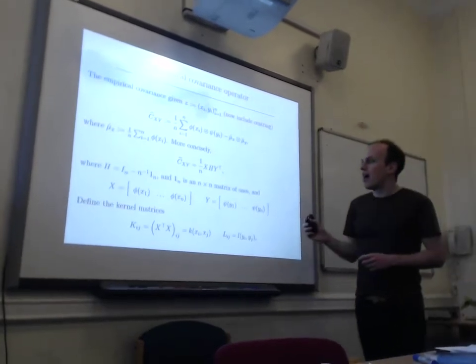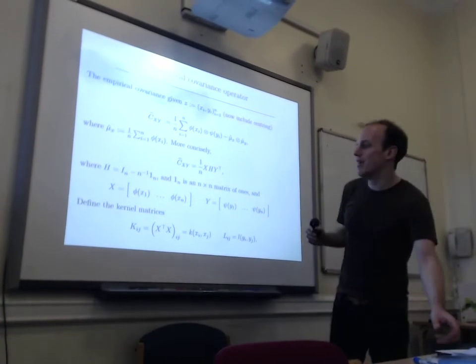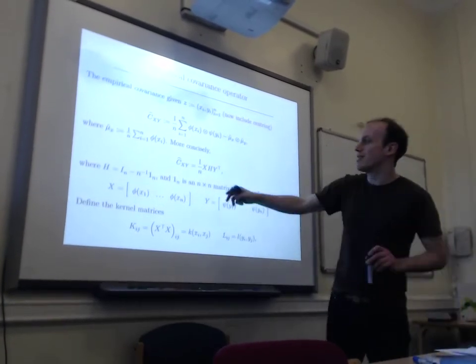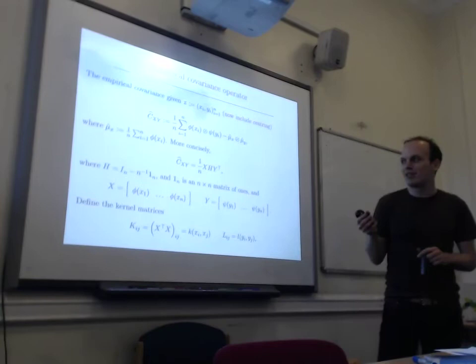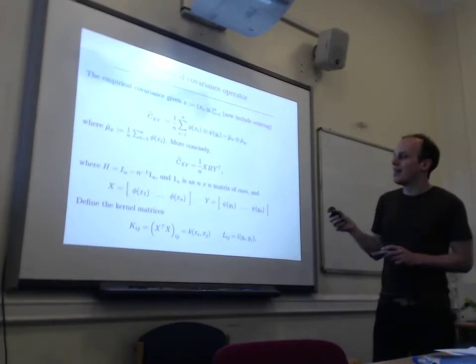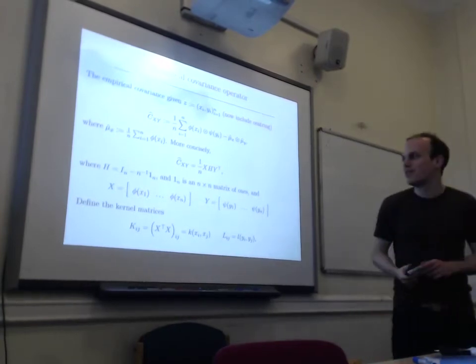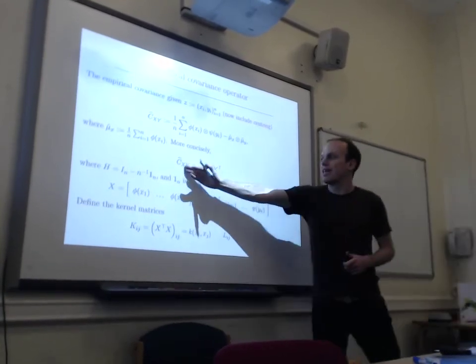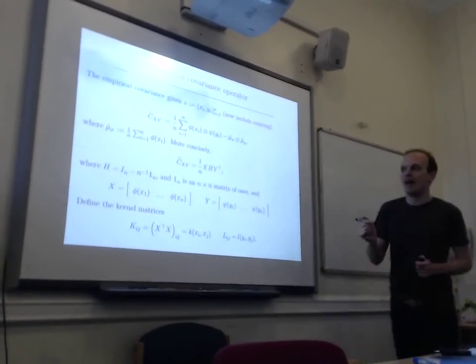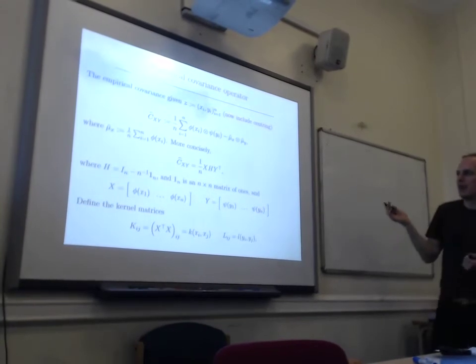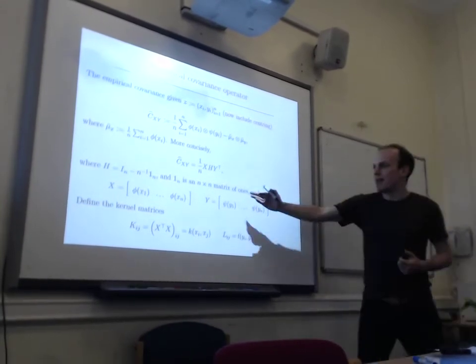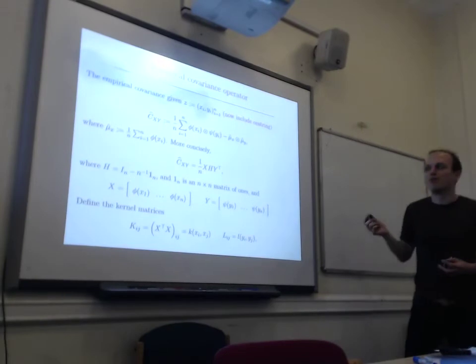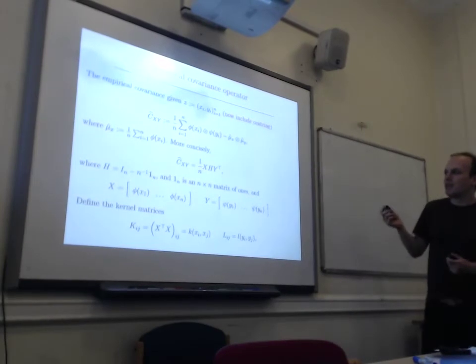So I'm going to now define a very concise notation for this, which is at least somewhat, I guess, an abusive notation. But anyway, what I'm defining here is an infinite dimensional covariance operator, but I'm defining it using a sort of linear algebraic notation.